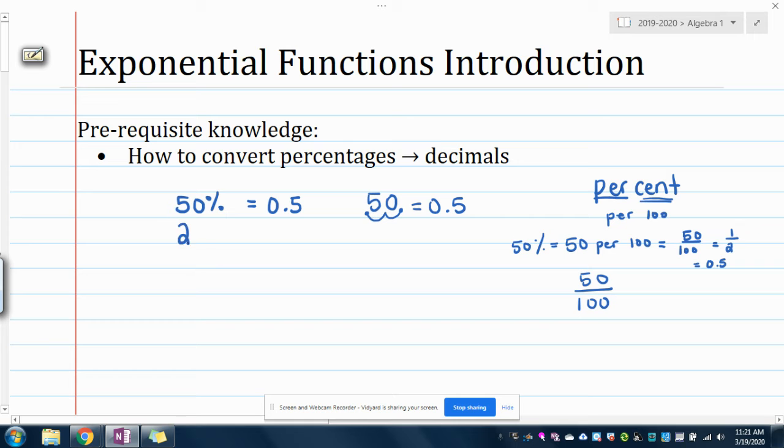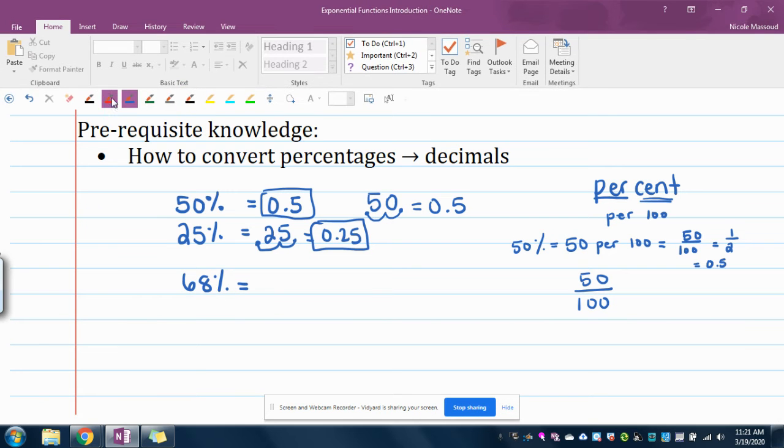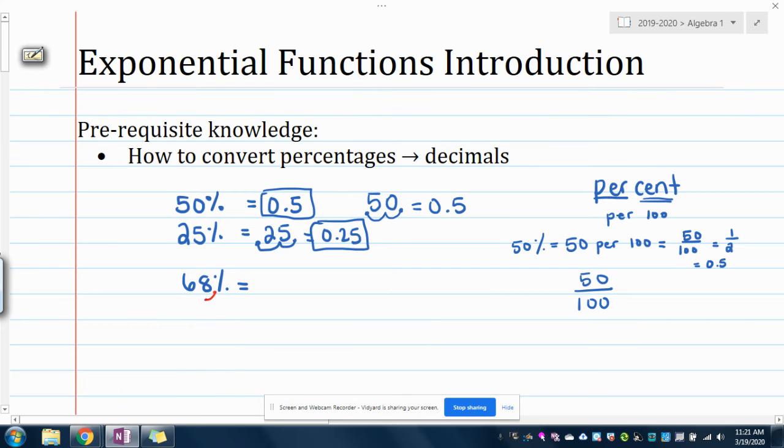So if I have 25%, I take my 25, I move the decimal place over 2 places, and I get 0.25. If I have, let's say, 68%, again, let's do some color coding here. I take my decimal place, I move it 2 units, and I get 0.68.